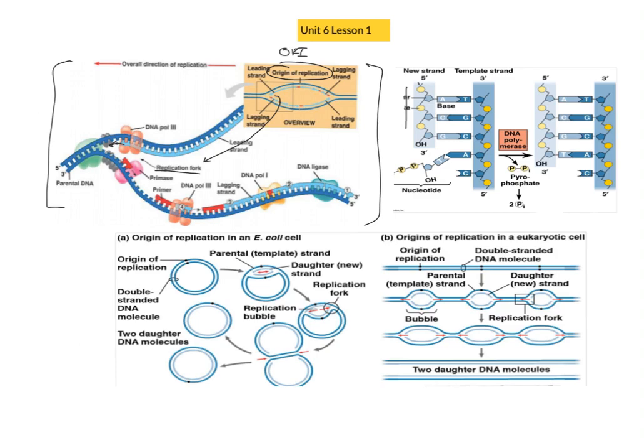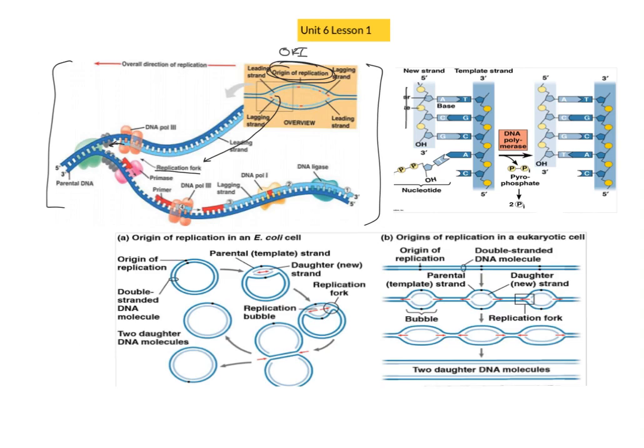The reason I wanted to talk about this is because this idea of an origin of replication, the site at which DNA replication begins, is at the center of the difference between DNA replication in prokaryotes and eukaryotes. If you remember, a prokaryote is different from a eukaryote in that it does not have a nucleus or any membrane-bound organelles, for that matter, like mitochondria, chloroplasts, Golgi.